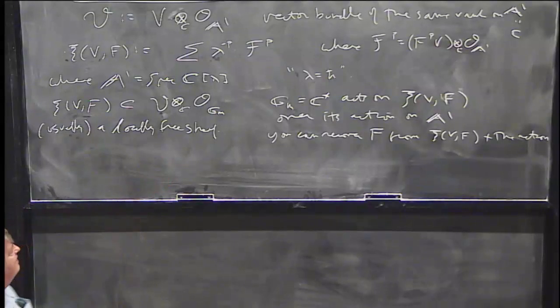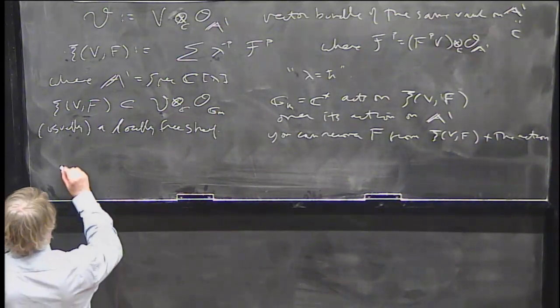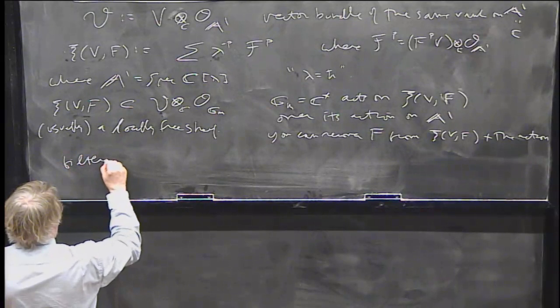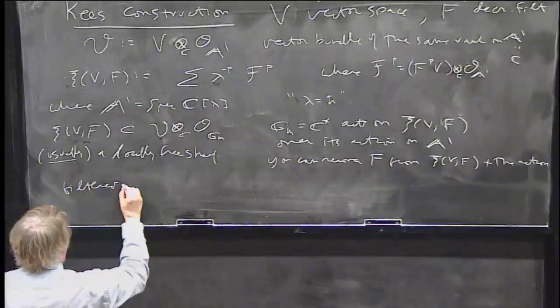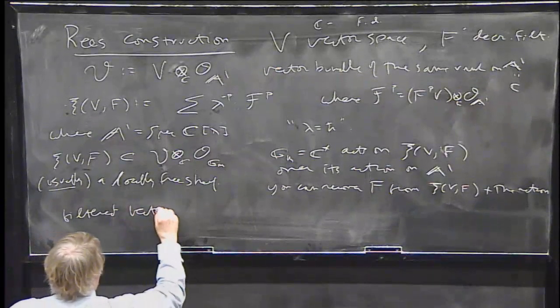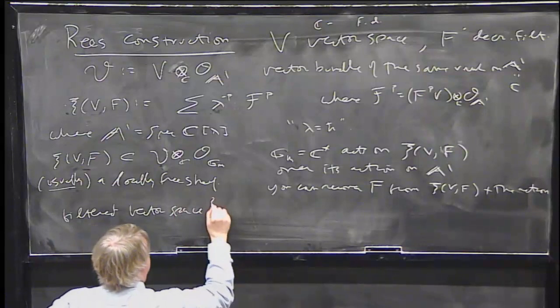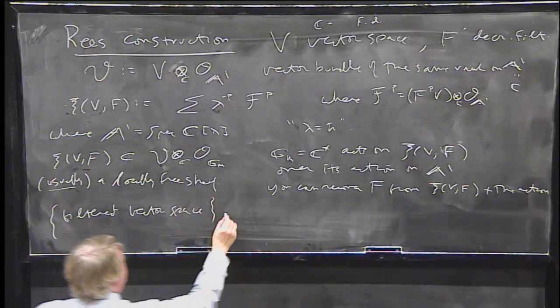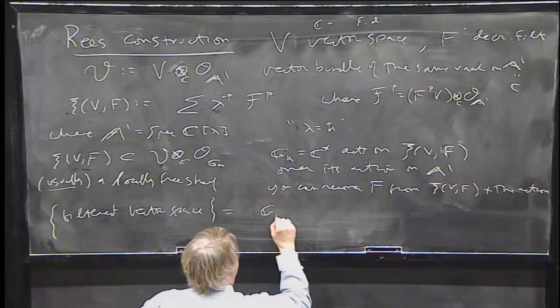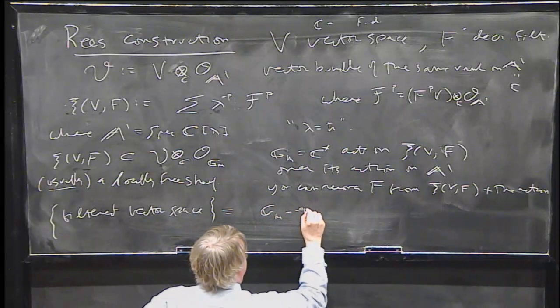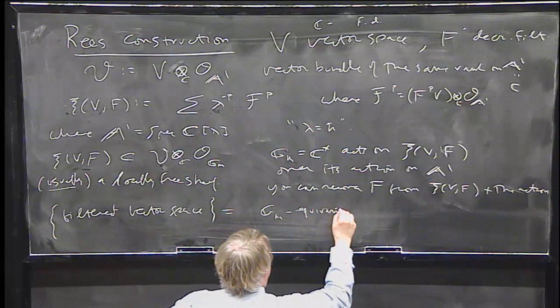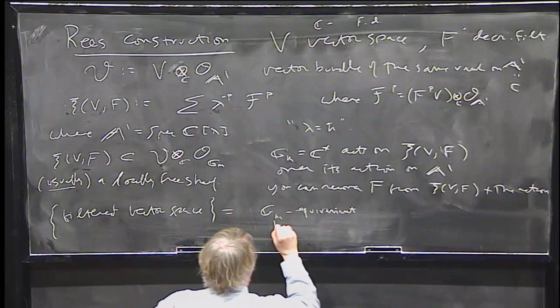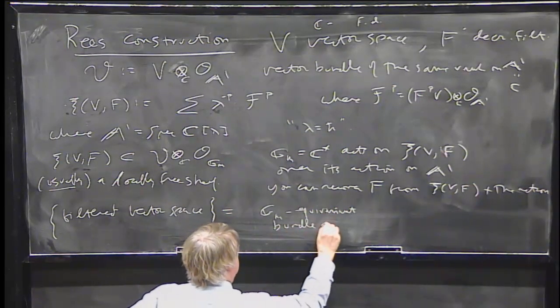Again, let's say this is an exercise. The upshot of this is that we can think of a filtered vector space, modulo this usual thing, as really equal to G_m equivariant bundles on A1.